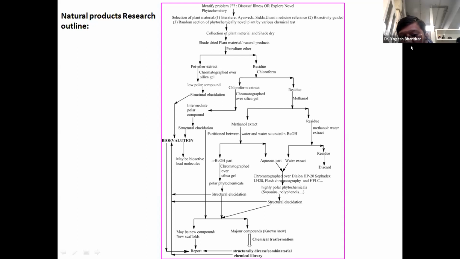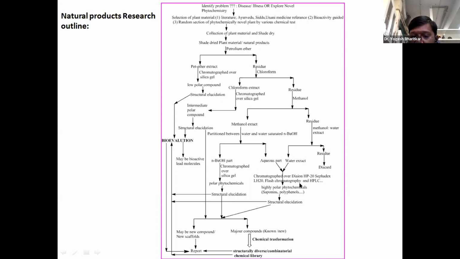Then we again extract that residue with methanol water. Here we get the water extract, mainly highly polar compounds like saponins and polyphenols. In the n-butanol extract we also get polar compounds, and some saponin as well.